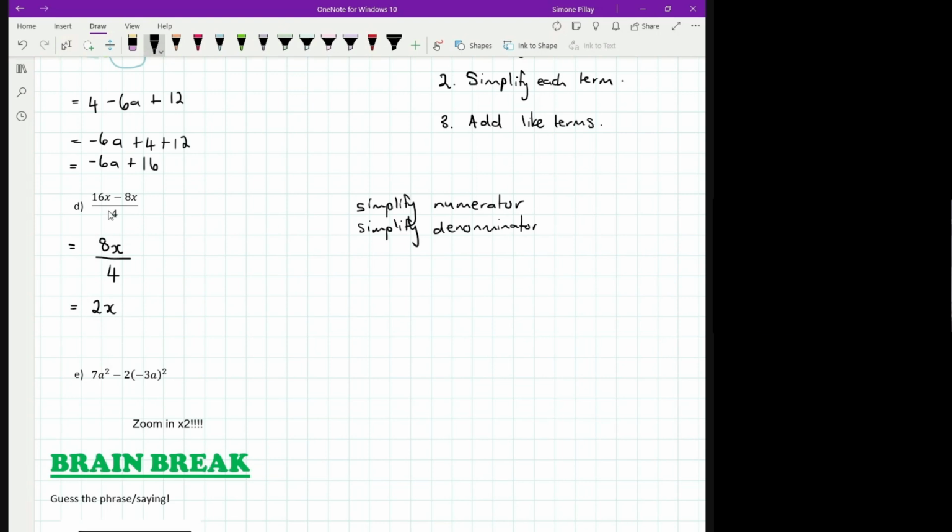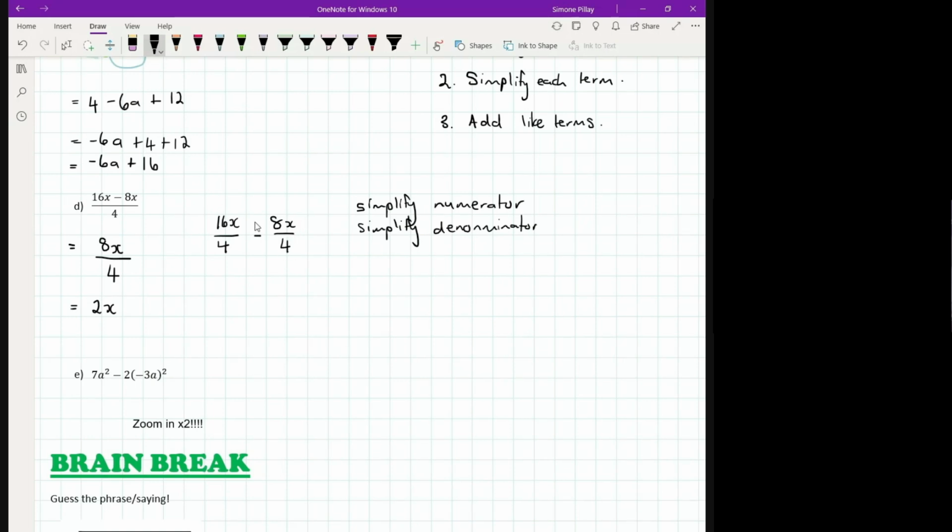The other way that you can do it is when you don't know how to simplify your numerator and your denominator, you have to break up your fraction. The only time you're going to break up your fraction is when you see addition or subtraction in your numerator. So you're going to go 16x over 4 minus, because of this minus in the middle, 8x over 4.